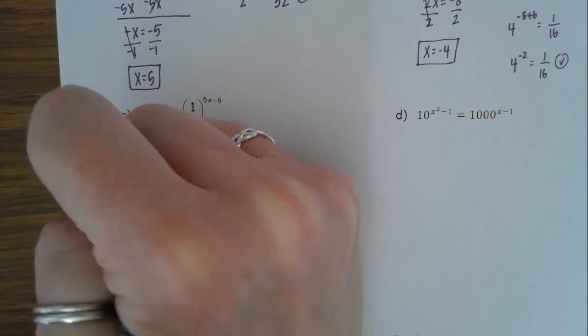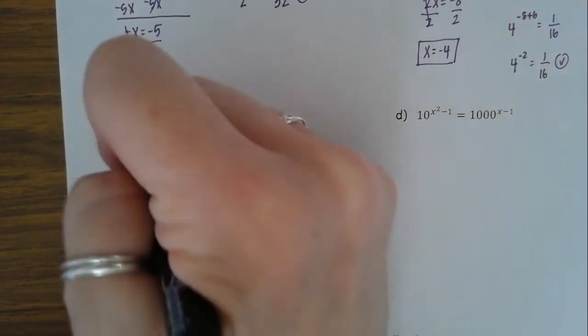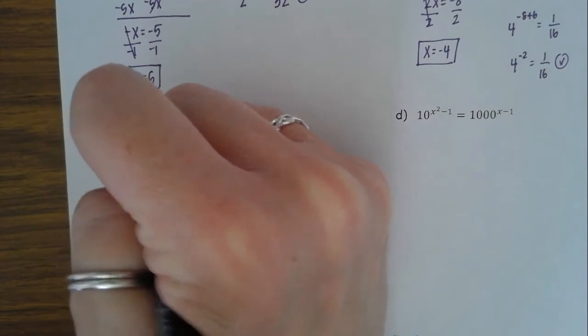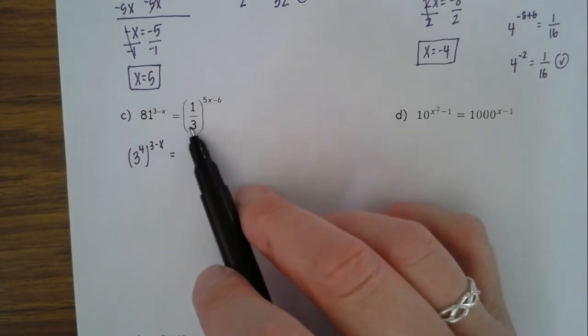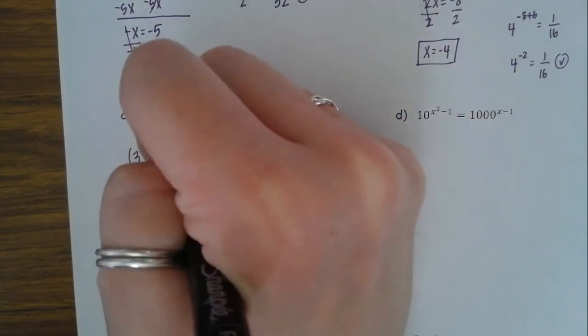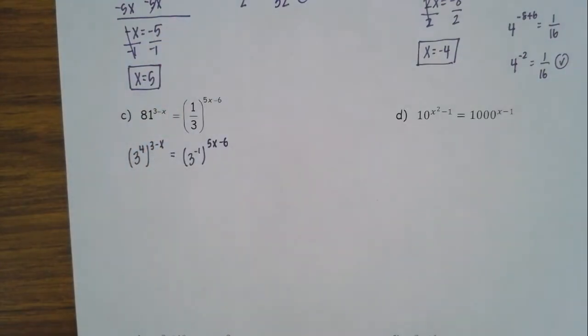So on the left-hand side, I'm going to substitute in 3 to the 4th in parentheses, and then I'm going to raise that to the 3 minus x. And then on the right-hand side, I'm going to replace this 1/3 with 3 to the negative 1 power, raised to the 5x minus 6.